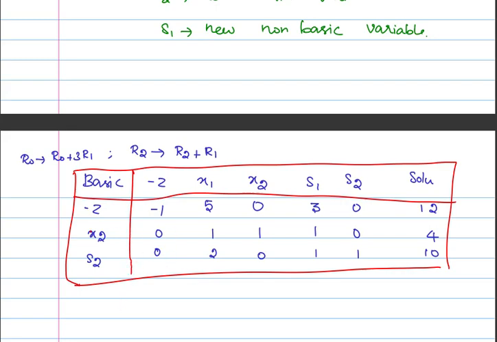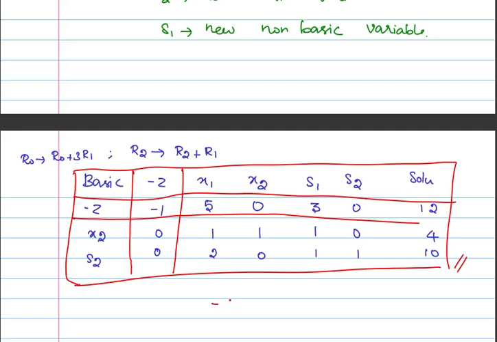Now look here in the 0th row: nothing is negative. You don't consider the minus z, only the variables x1, x2, s1, s2, whose coefficients are 5, 0, 3, 0. So we can stop here. This is the final step.